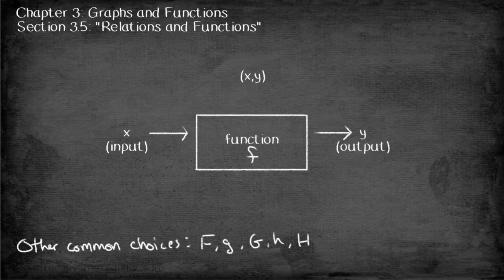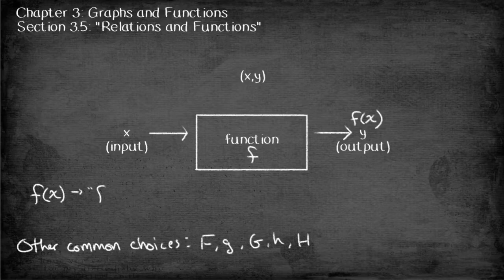So x being the input, y being the output, we need some way of representing the fact that y is a result of performing f on x. And we write that with f parentheses x. And how do we read that?